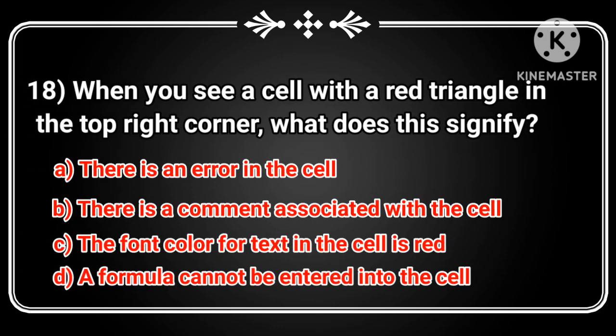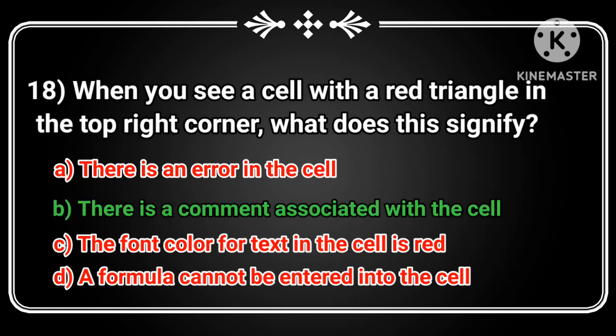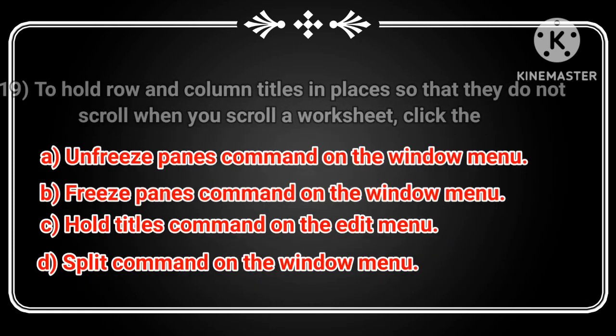When you see a cell with a red triangle in the top right corner, what does this signify? There is a comment associated with the cell.